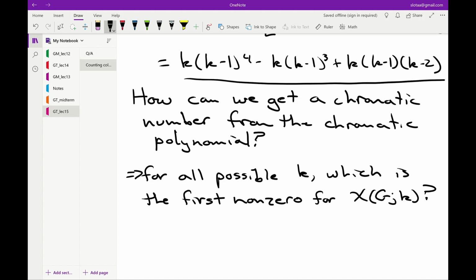Eventually we're going to get to some k equal to x where the chromatic polynomial, if we plug k into what we have above, will be non-zero.